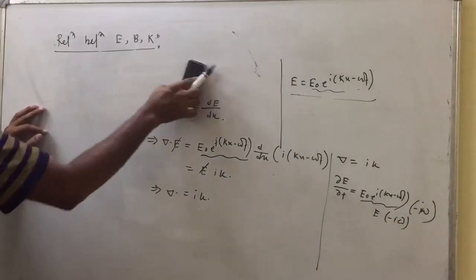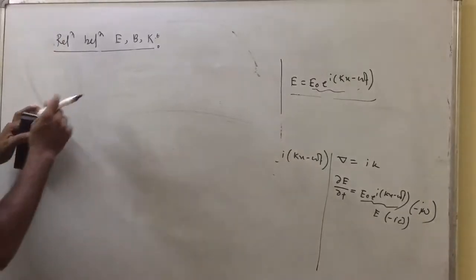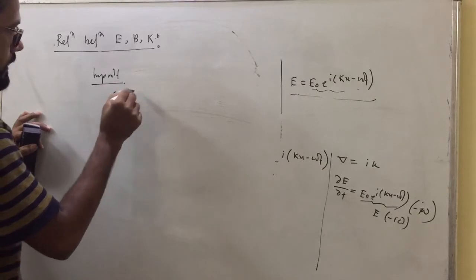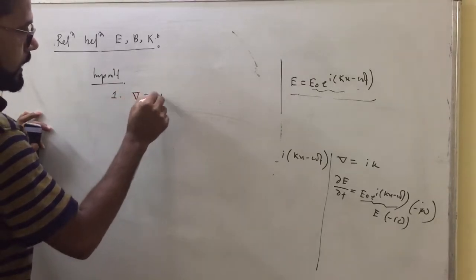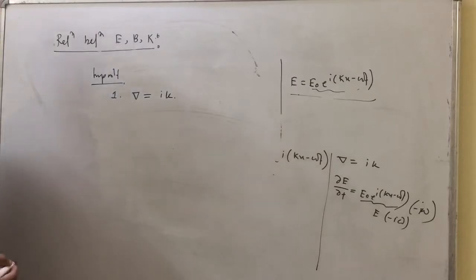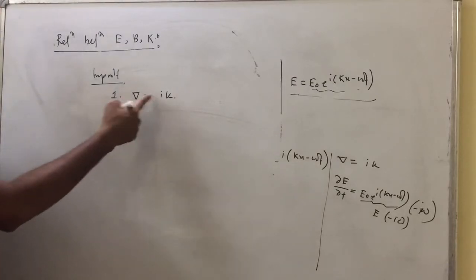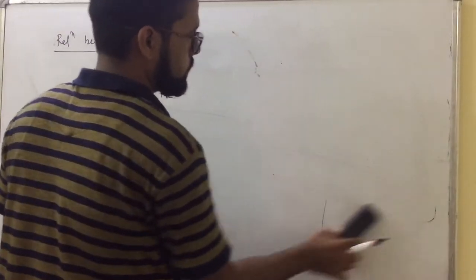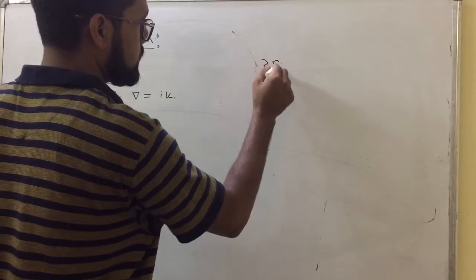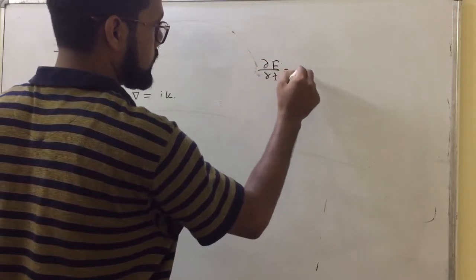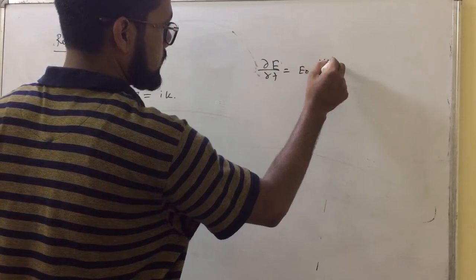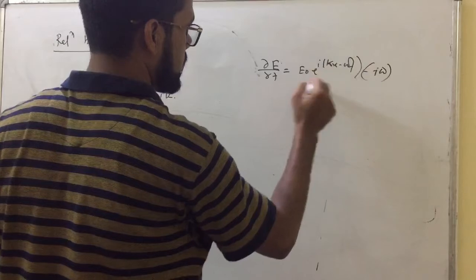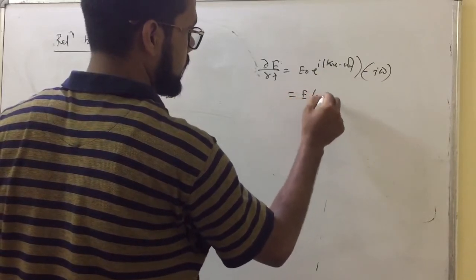So the first important relation, important point one: del is always equal to ik. Remember, once I find del, I will replace del with ik. Similarly, if I take del E by del t, again I am telling you, del E by del t equals E naught e to the power i(kx minus omega t) into minus i omega.